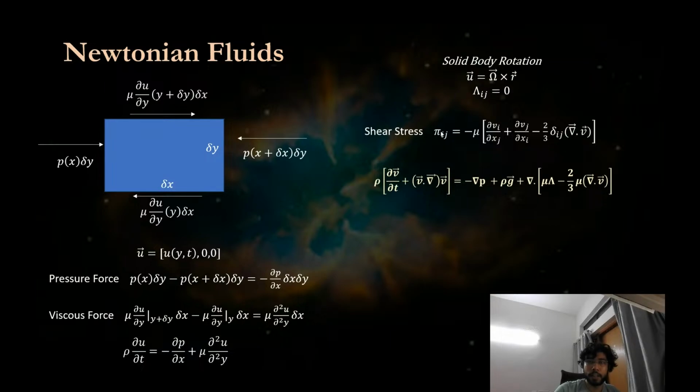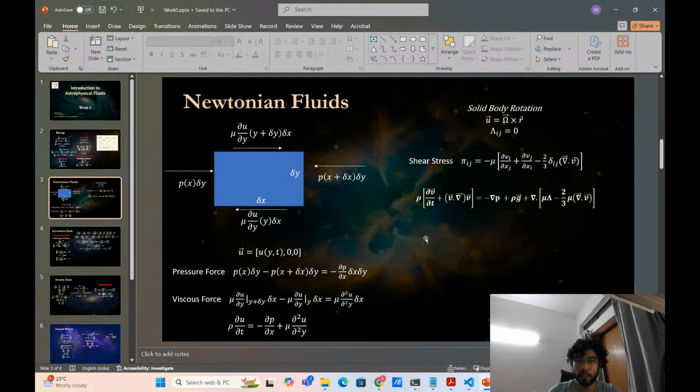We would like to calculate the shear stress, which is basically pi ij, and see which part of this del u del y contributes to it. So we'll go to the notebook and try to derive this expression and see how we come up with this.